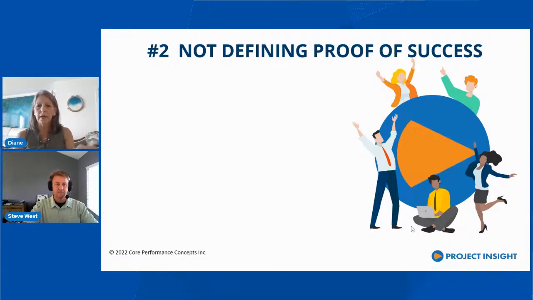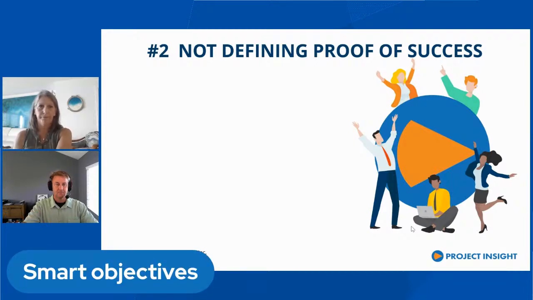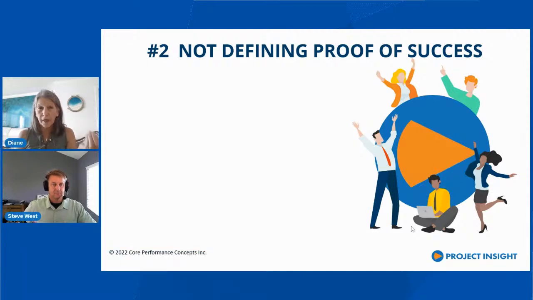Like, did we increase productivity by 10%? Were we able to process a new application in less than 30 clicks? Things like that are very specific and can be measured. The one that you don't want to see is make it more user friendly. That's way too subjective.